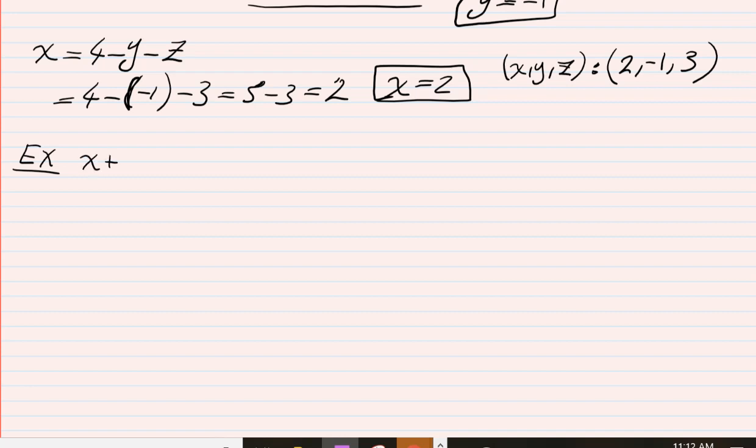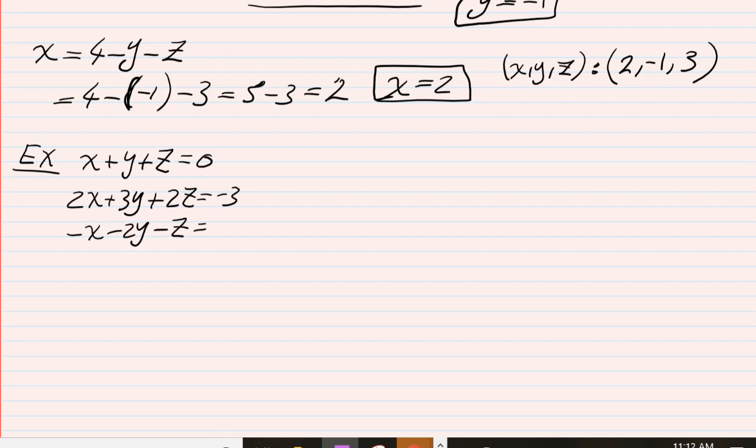So here I have x plus y plus z equals 0, and then 2x plus 3y plus 2z equals negative 3, and negative x minus 2y minus z equals 1.